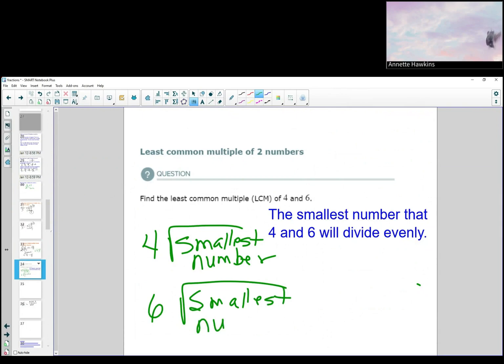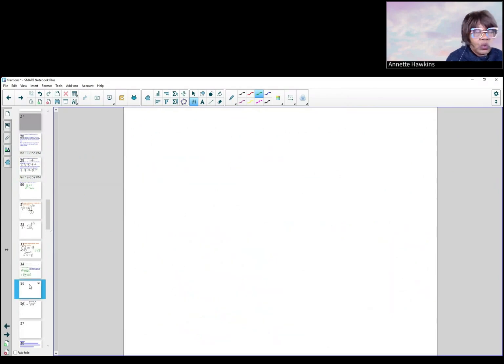The smallest number that both of these would divide evenly. This is what we call the least common multiple. We want the smallest number that both will divide. Okay. All right. So let's look at method 1.